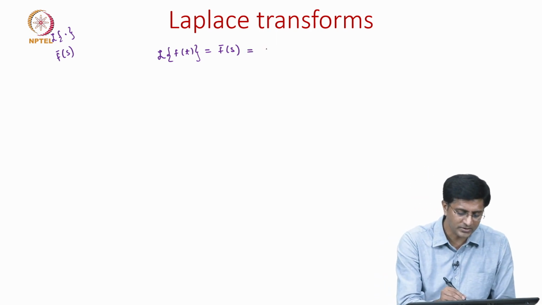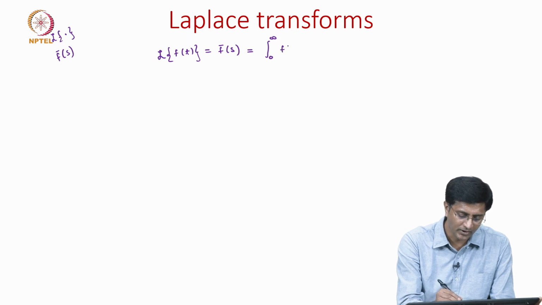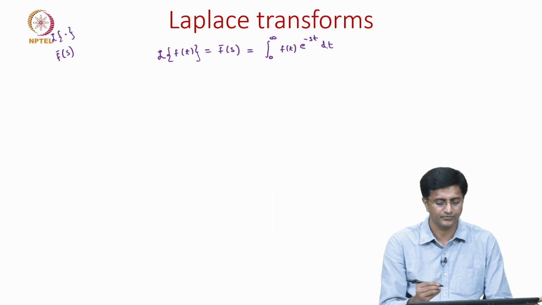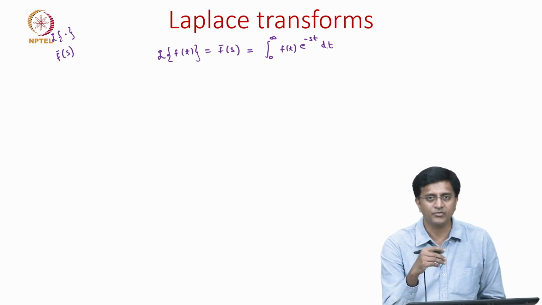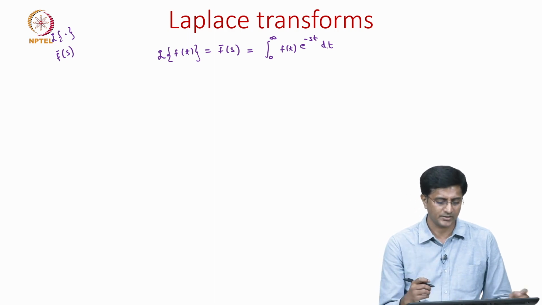Now, let us look at the definition. The definition is an integral from 0 to infinity of f of t, the function, times e power minus st times dt. Sometimes the limits of the integral can also be written from minus infinity to infinity, that is also correct.